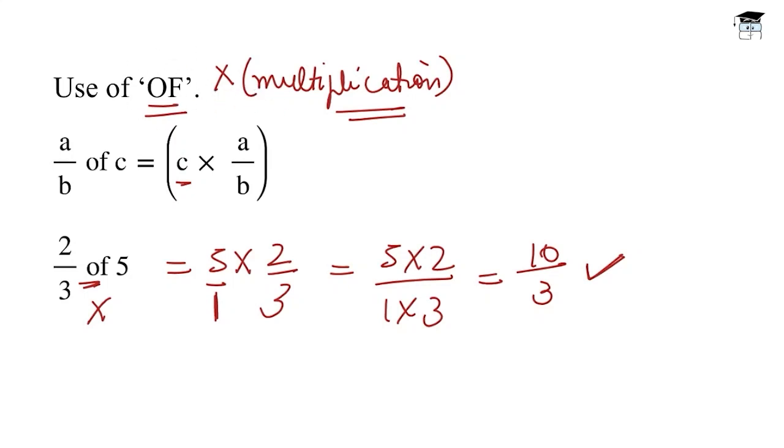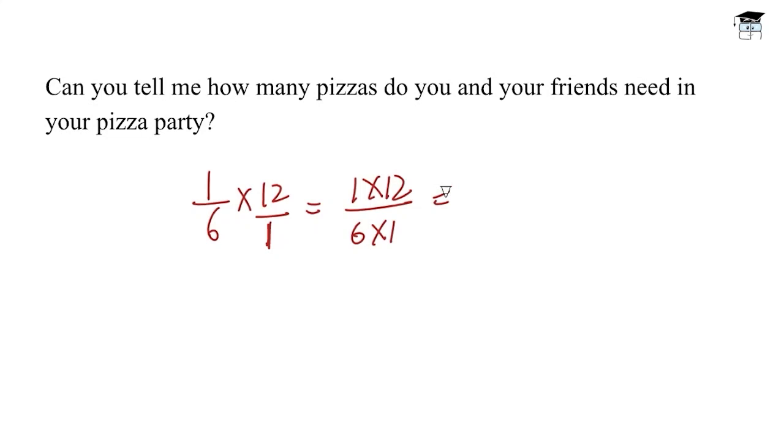So I'm going to ask you a question. Can you tell me how many pizzas you and your friends need in your pizza party? Yes, we need to multiply 1 by 6 with 12. And now you know how to multiply this. It's going to be 1 into 12 over 6 into 1, which is 12 by 6.